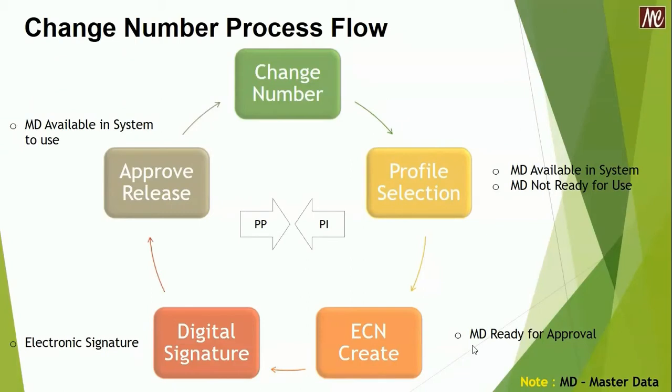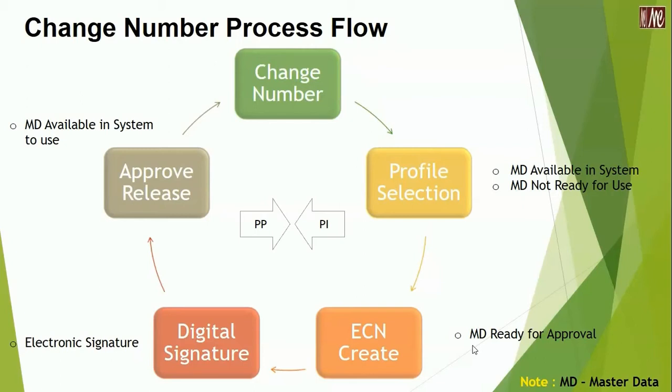Change number is initially created in the system by using the profile selection. Once the change number is created and confirmed by the system, the system understands that the particular object is available and used through that change number.